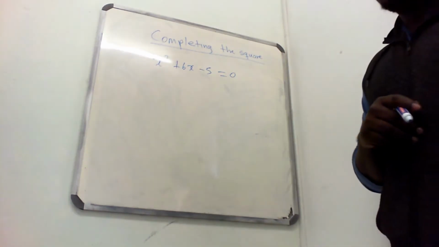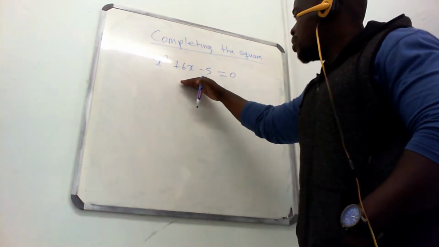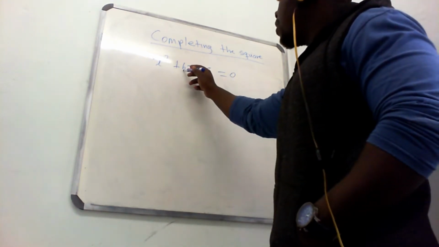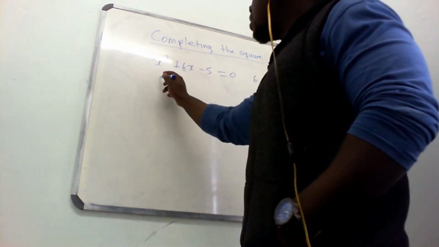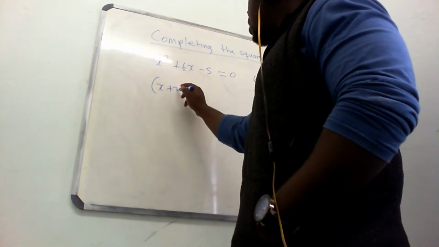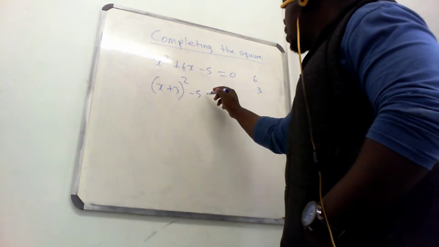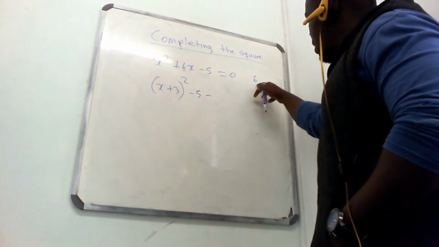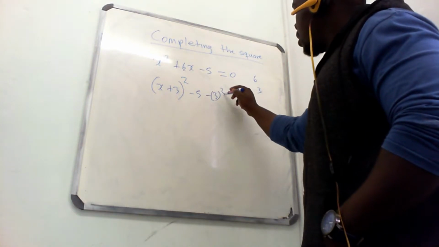The first thing we do is factorize using completing the square. We take the coefficient of x, which is 6, and half of it will be equal to 3. So in our brackets it will be x plus 3 squared, and then minus this 5, and again minus this value squared, 3 squared.